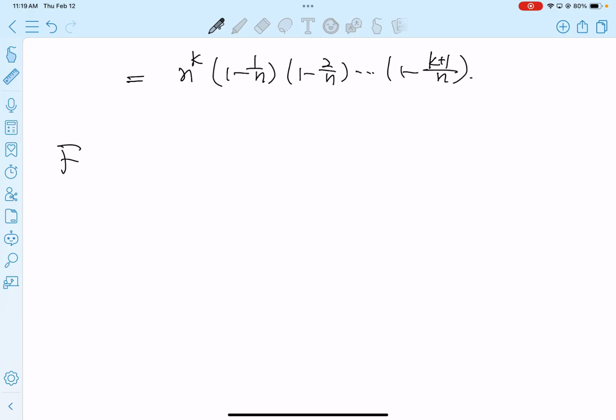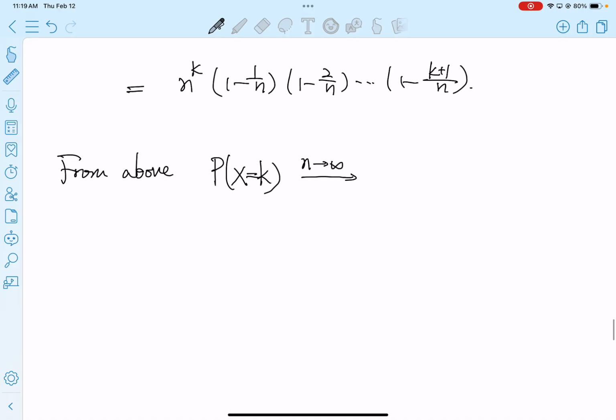So from above, we started from a binomial probability mass function, when we started that question by cutting an interval of 1 minute into n intervals. When we continue cutting into infinitely small intervals, that binomial probability mass function for x equal to k will converge, when n goes to infinity, to lambda raised to the power of k over k factorial, times e raised to the power of negative lambda.